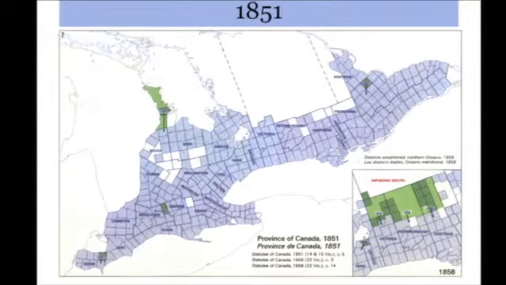We now see, out of the Newcastle District, Victoria County, Peterborough County, Hastings. We start to see the counties that we know today being laid out. And I'm just illustrating this to show how our people were surrounded by increasing settlement, and trying to hang on to a way of life and how difficult that was.